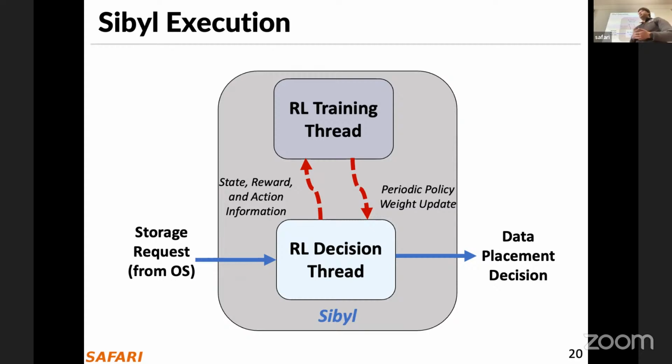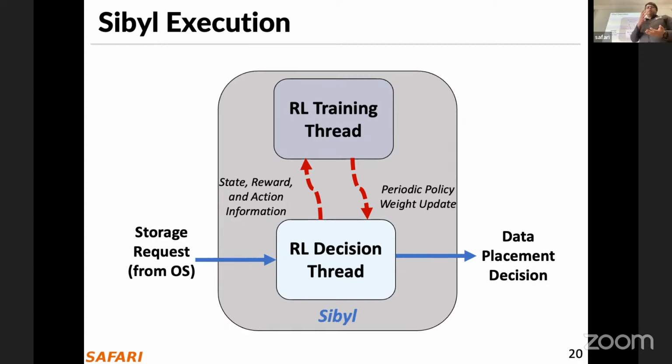So the decision thread continues to make the decisions for the incoming requests, and the training thread does the training in the background, and the policy is updated frequently so that the training overhead or the latency of training is not on the incoming request.